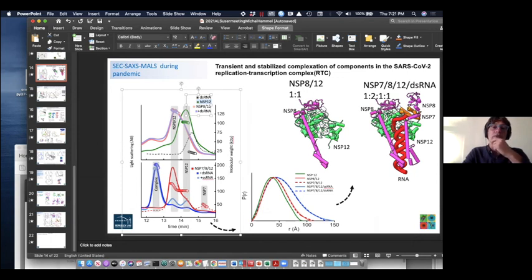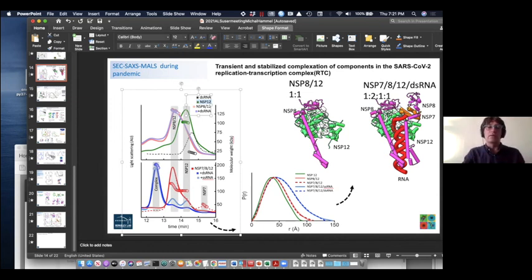DNA or RNA complexation. The same, for example, this is a complex, in this case NSP7, 8, and 12, without RNA, is very transient. Again, you see the small shoulder here and another peak here. Without RNA it's a very transient behavior, and you see that not only from the molecular weight indication, but also from the UV signal, or in this case the light scattering signal.